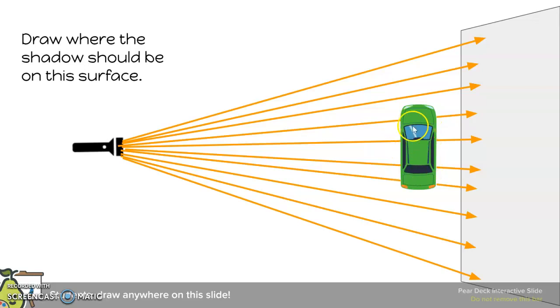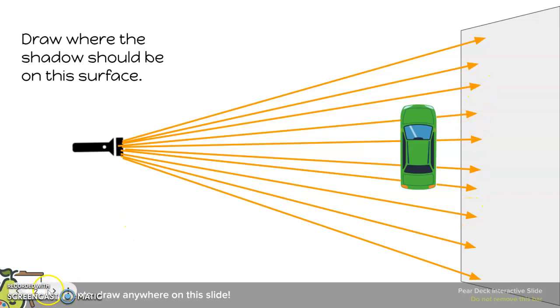Now, with this little car in this position, obviously it would be blocking these straight rays of light, but these rays of light would be going to the surface. So at a minimum, we would have to look at the rays of light that would be getting blocked on their pathway. So our shadow would be about in this area, basically in between this ray of light and this ray of light. This is where the beginning of the well-lit area would begin, is where these two unblocked rays would be.